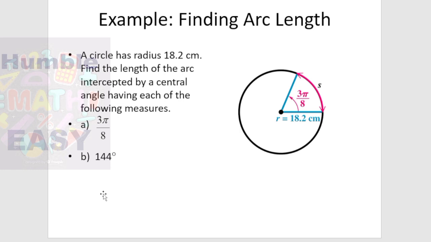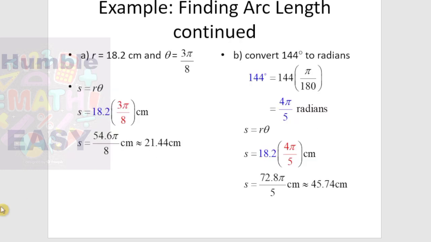Now, here is the given example: 3 pi over 8, the central angle. The arc length is s equals r theta, where theta must be in radian. Since the given is in radian, which is 3 pi over 8, we replace the values of the radius and theta: 18.2 for r, and theta is 3 pi over 8.